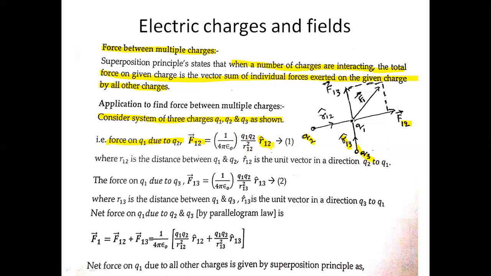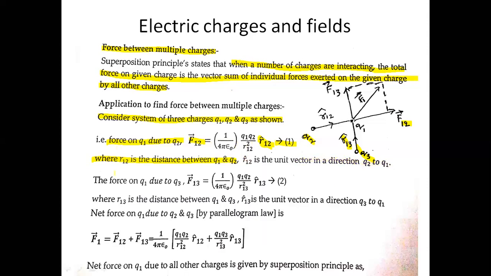We have taken Coulomb's law in the vector form and we are applying it for multiple charges. We have denoted this as equation number 1. Here R12 is the distance between the charges Q1 and Q2. What does the cap denote? R12 cap is a unit vector in the direction Q2 to Q1.